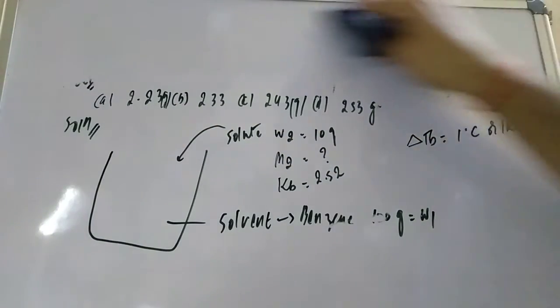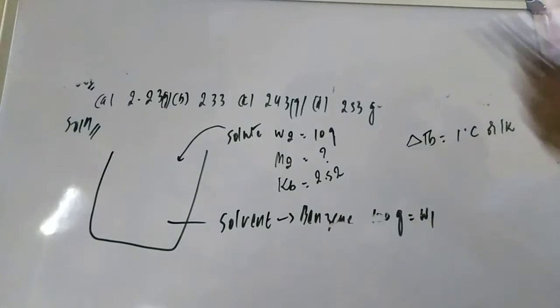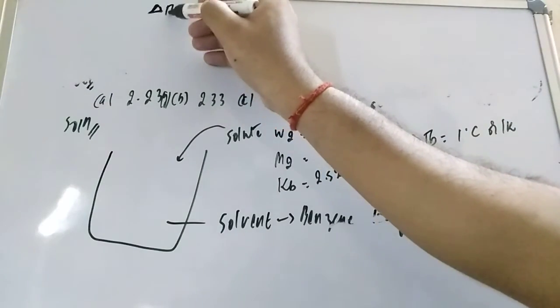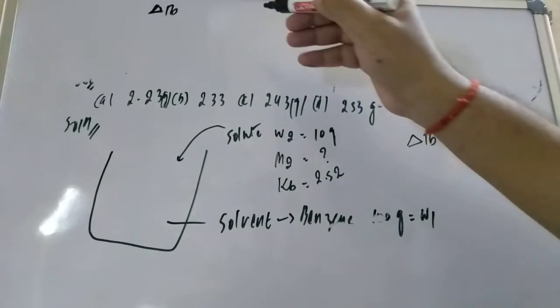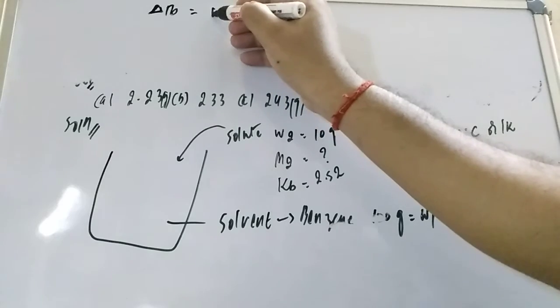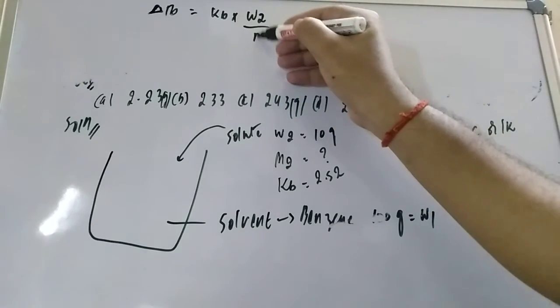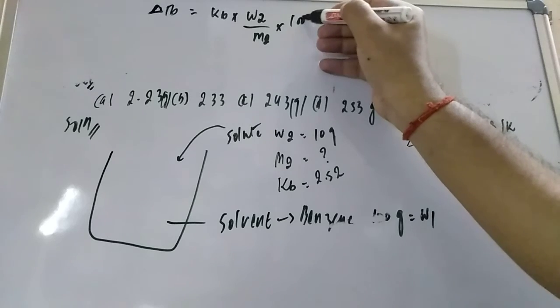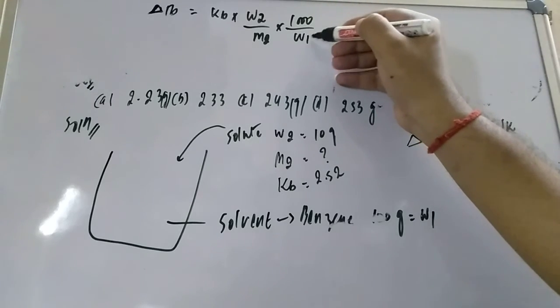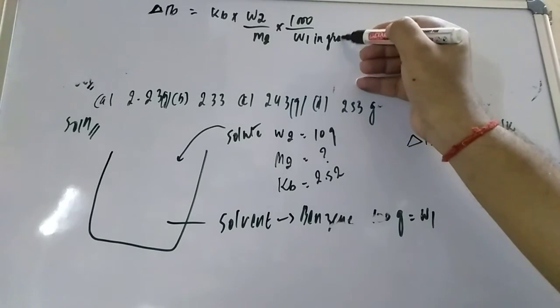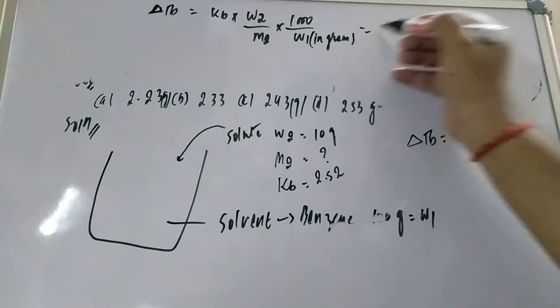The formula for elevation in boiling point is, student, delta TB. So delta TB is equal to what, student? KB into molality, student, W2 upon M2 into 1000 by W1 in gram. Now put in the values, student.